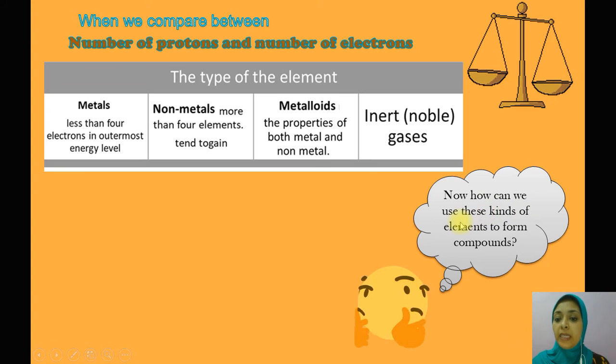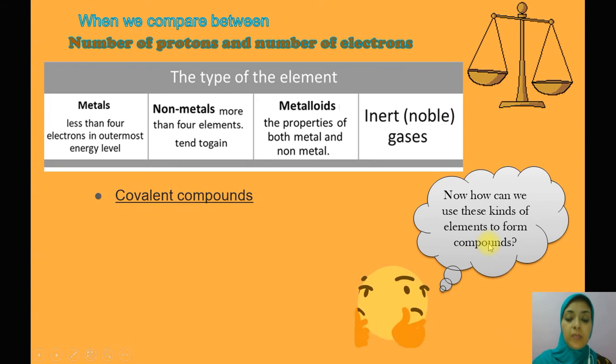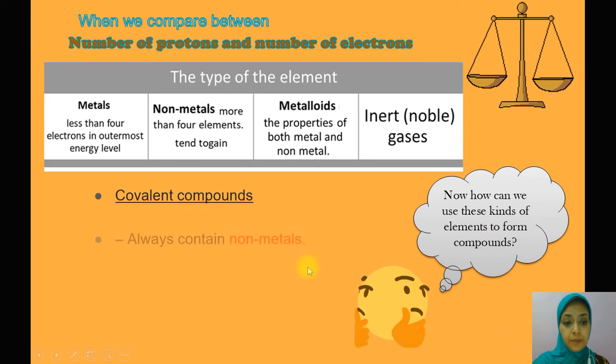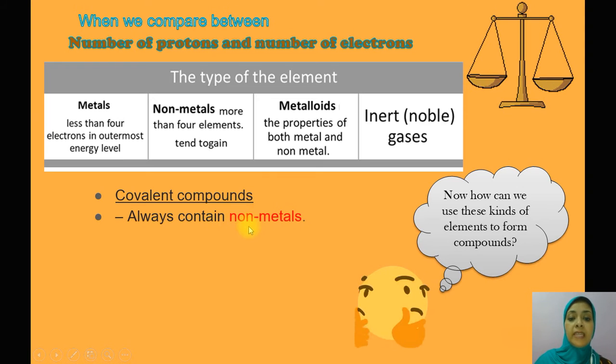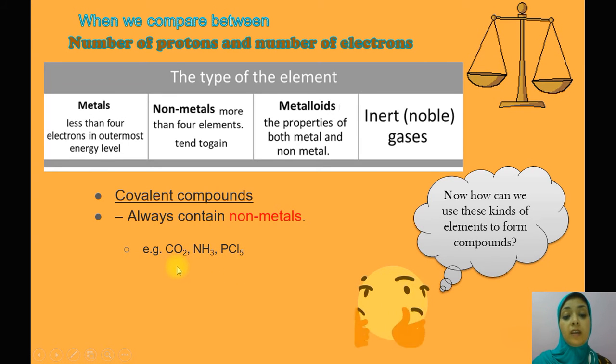Now, how can we use these kinds of elements to form compounds? Covalent compounds always contain non-metals, like carbon dioxide and ammonia, and there are several kinds of compounds. We don't need to memorize them.